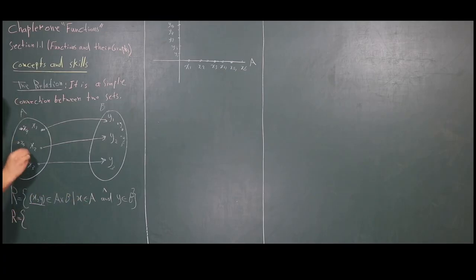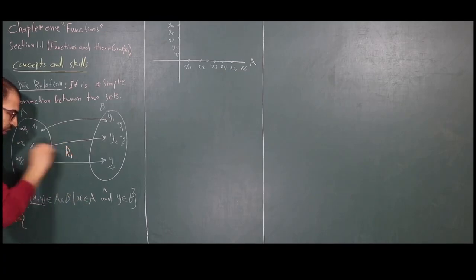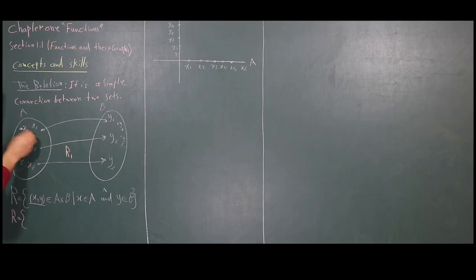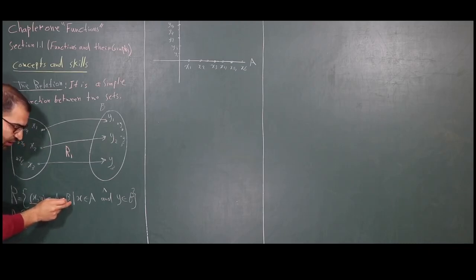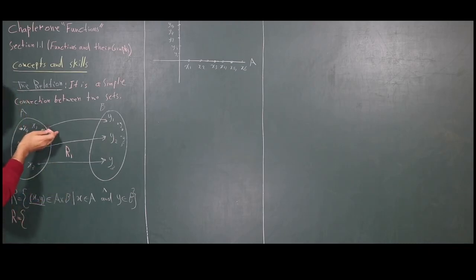But for this relation, let me call it R1, which doesn't connect every element from this set with every element from this set, because according to this definition, every element from the set A has to be connected with an element from the set B, which is not the reality here.